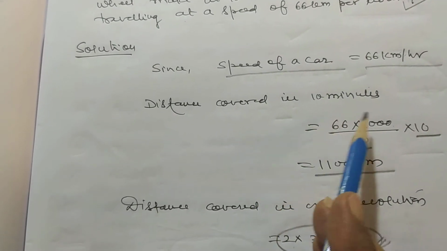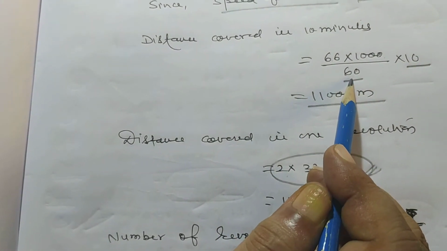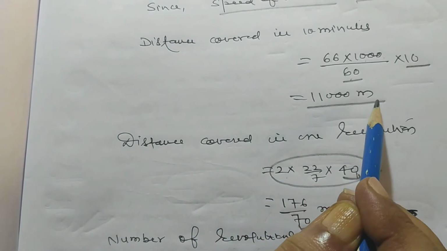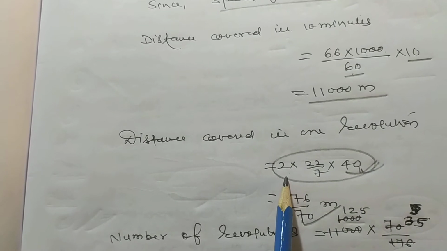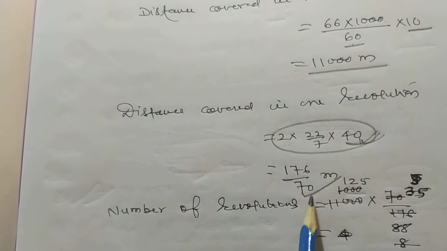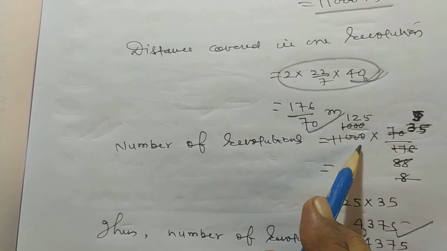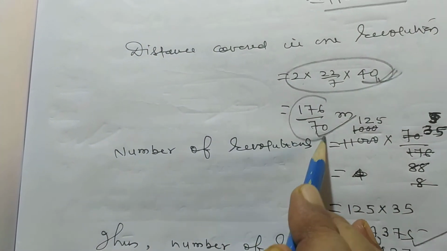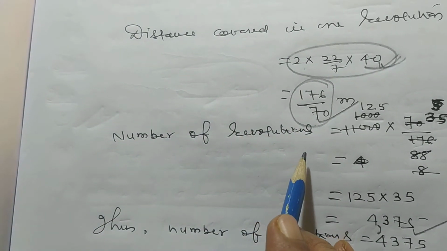So, distance covered in 10 minutes is equal to 66 by 60 into 1000 into 10, that is 11,000 meter. Distance covered in 1 revolution is equal to 2 into 22 by 7 into 40, that is 176 by 70 meter. Number of revolutions is equal to 11,000 divided by distance travelled in 1 revolution, that is 176 by 70.